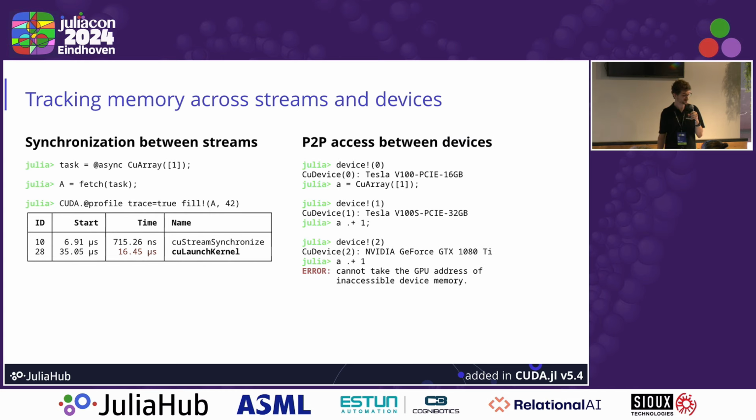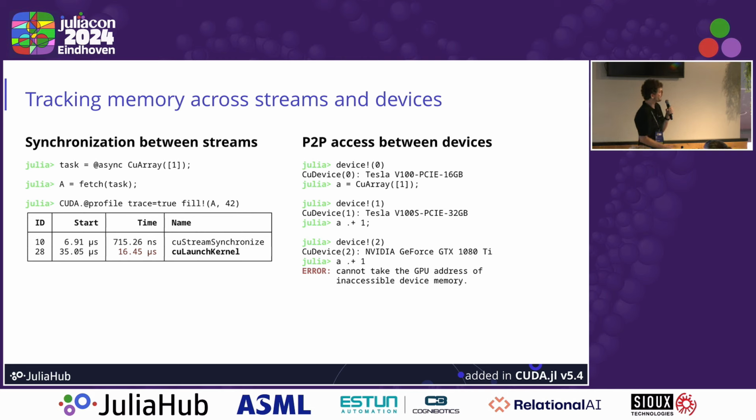And the same applies to multiple devices. If you allocate a CuArray on one device, you switch to another device, you start using that object, CUDA.jl will automatically detect we're now executing on a different device, so I need to reconfigure the memory allocation to expose its visibility to other devices. And behind the scenes, this will automatically use peer-to-peer communication, so NVLink or PCIe communication, if that's available on your system.